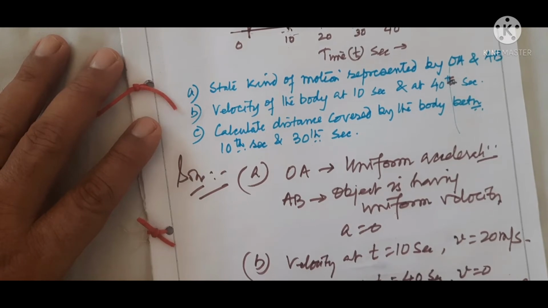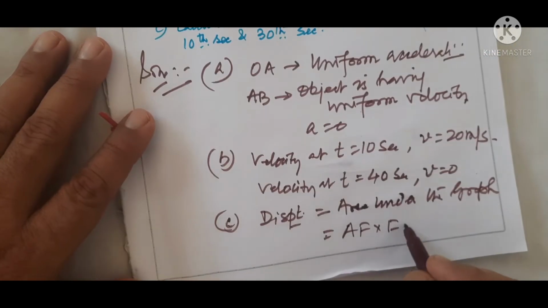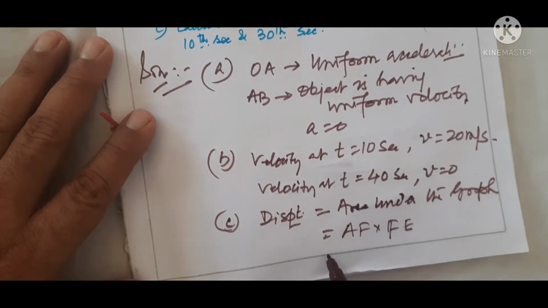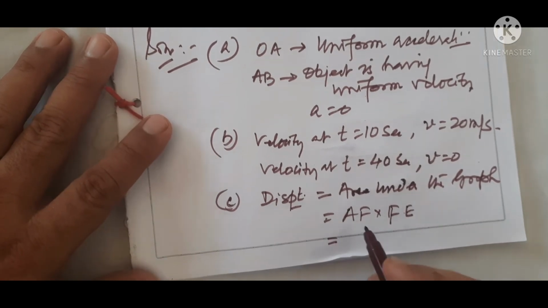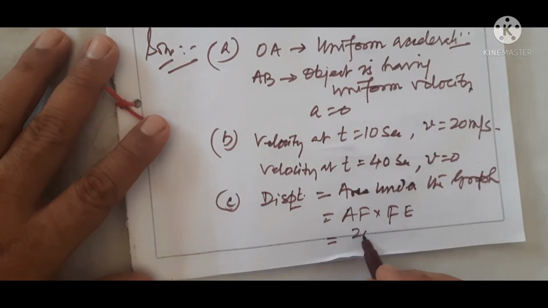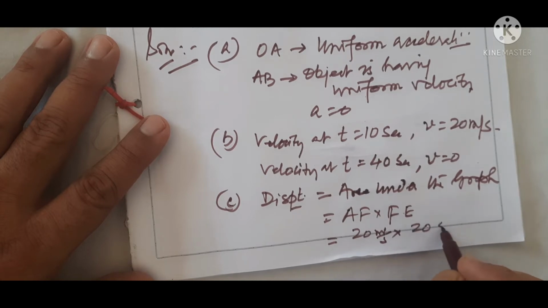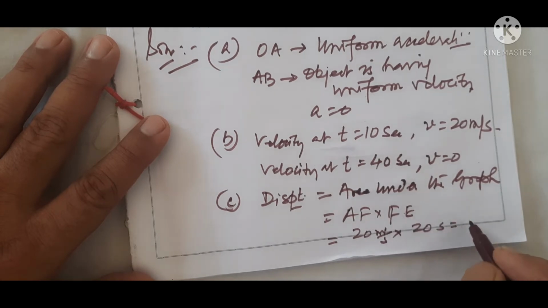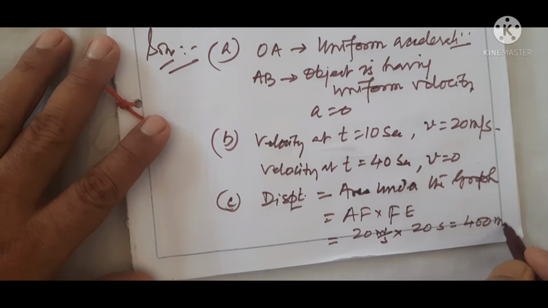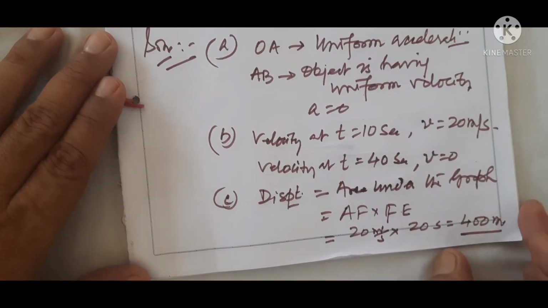AF is 20 meter per second and FE is 30 minus 10, that is 20. The answer will be 400 meter. That will be your answer.